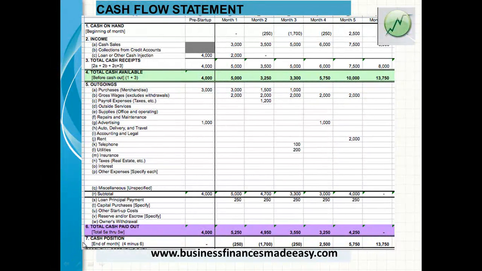If we look at number 7, cash position, you see that at the beginning the company is struggling. Obviously, it's the pre-startup, but then gradually it increases substantially. This is key information to keep in mind and to focus on when you want to present strong financial statements, and in this case, a strong cash flow statement.